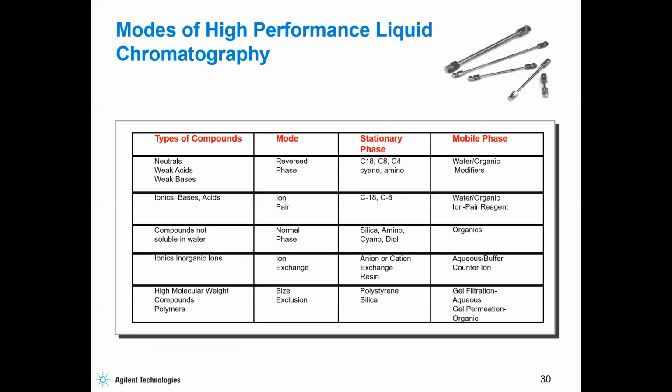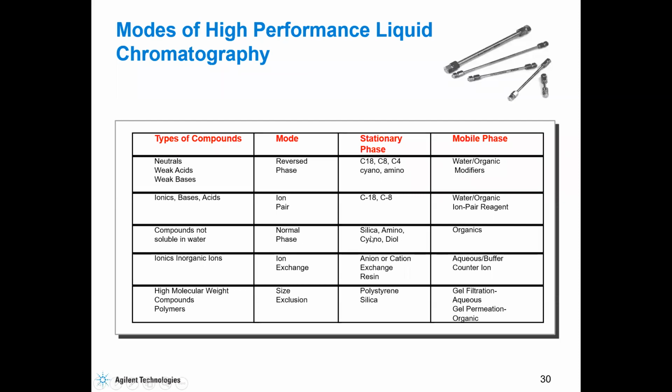So for different applications, for example, if you are looking at weak acids or bases, you use reverse phase. And these are the stationary phases that you use, C18 or C8, cyano or amino. And remember that if your stationary phase is non-polar, your mobile phase must be polar. So you can use water and organic modifiers. If you are looking at ionics, bases, and acids, the mode is ion pair or ion chromatography. These are the stationary phases that you can use, and your mobile phase.